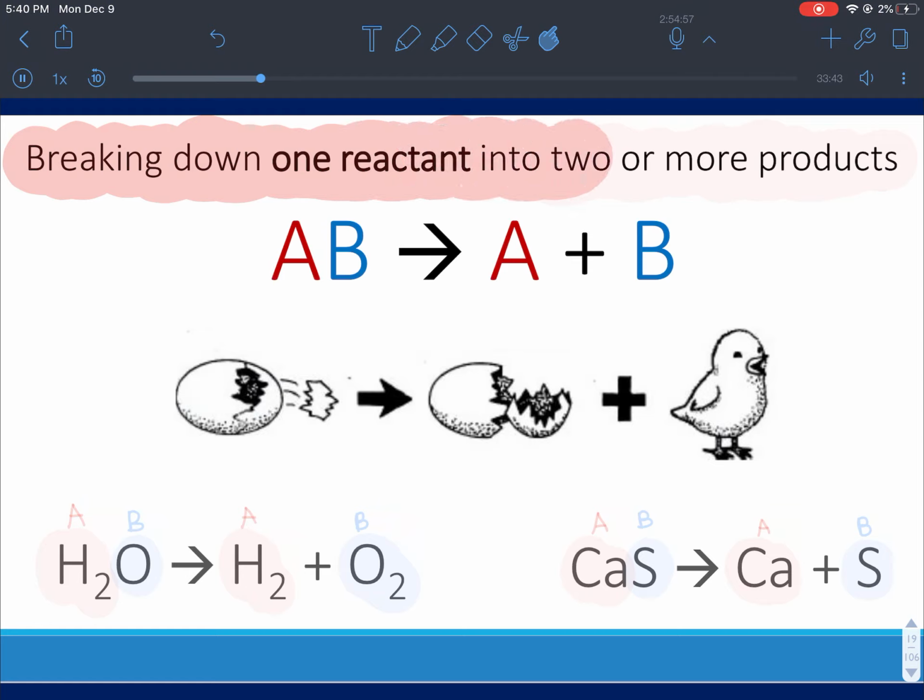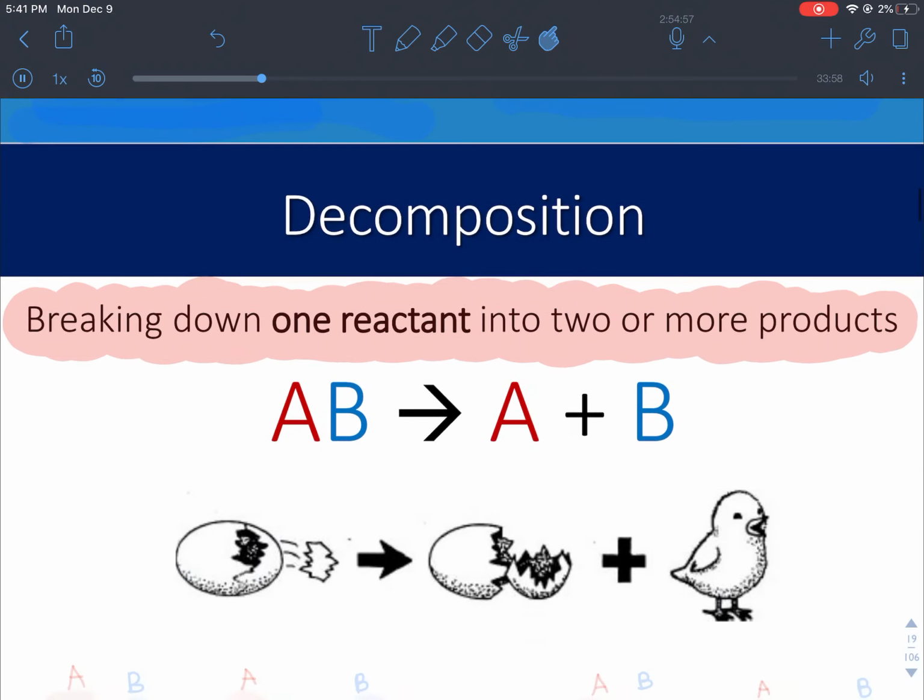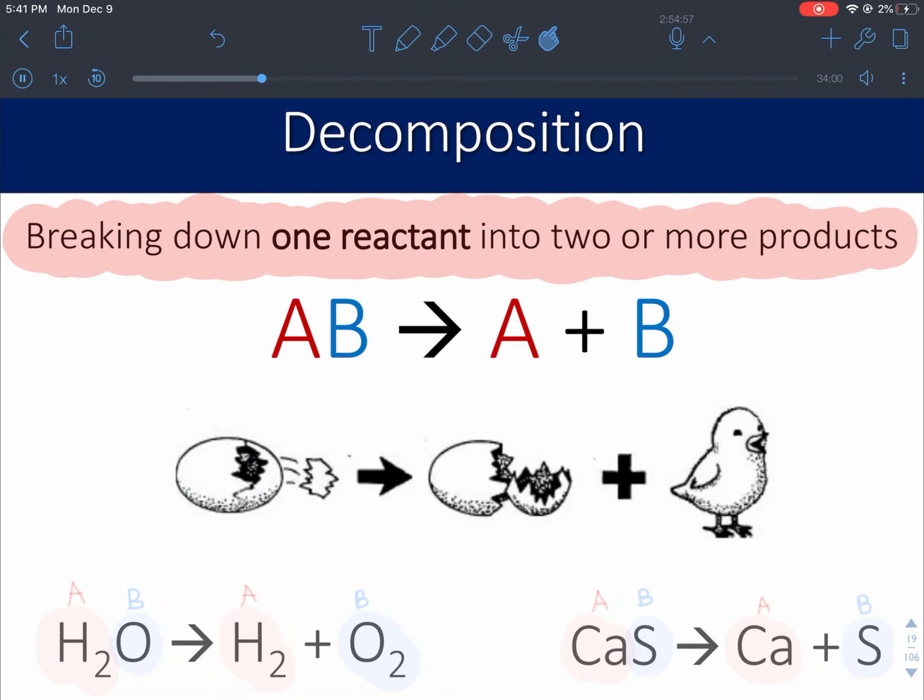So if you ever start with one compound, the only way to create something new is if you break it apart. So that's one clue that will always tell you. If you start with one reactant, it has to be decomposition, because the only way you're going to get something new is if you break it apart.